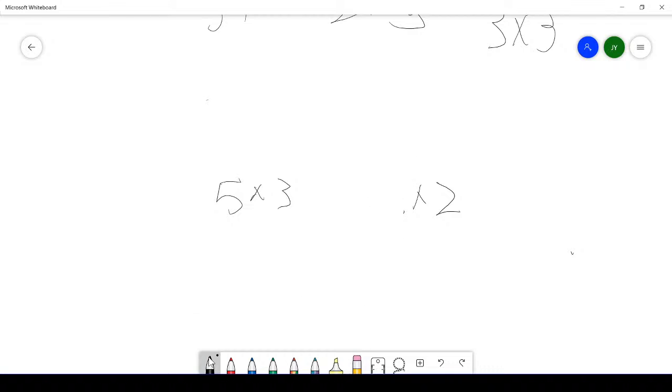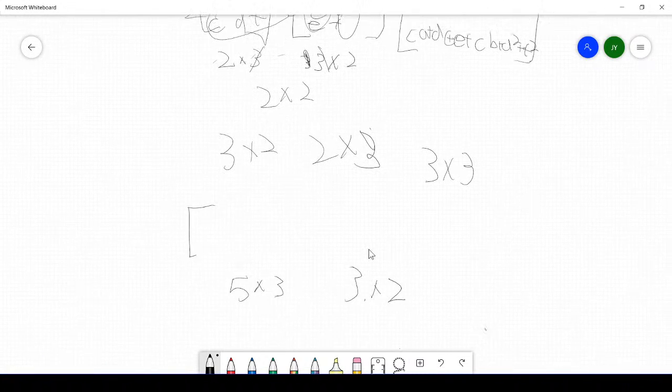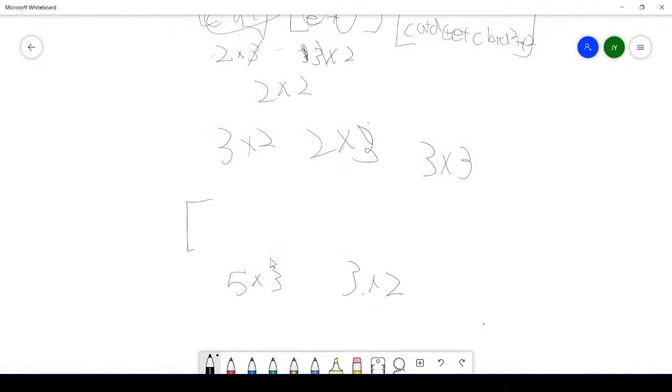A 5 by 3 matrix by a 3 by 2 matrix. Say, select something like, we need more room. 1 0.